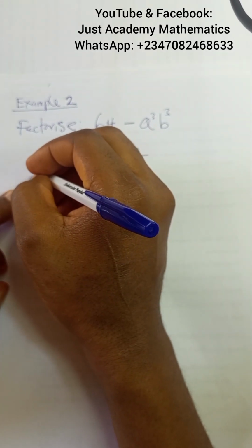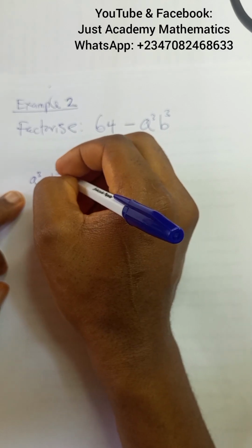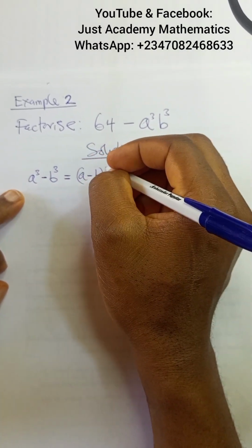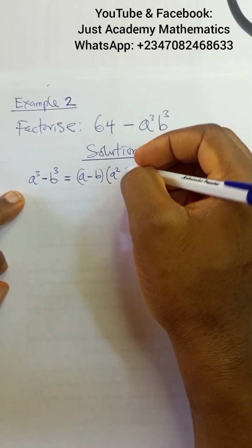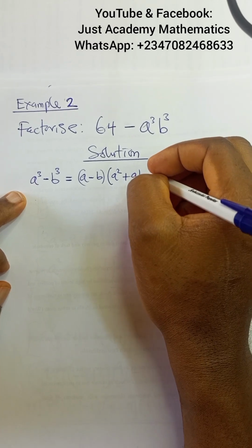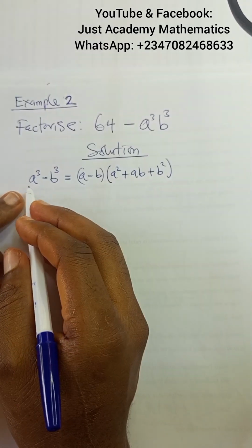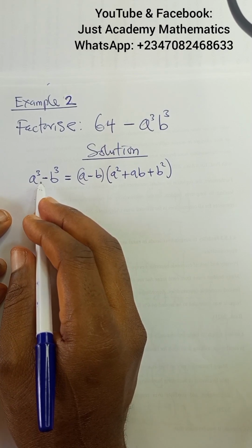A cube minus B cube is equals to A minus B times A square plus AB plus B square. If you expand this is what you get. It's an identity. Just the way we have difference of 2 square, we have this.